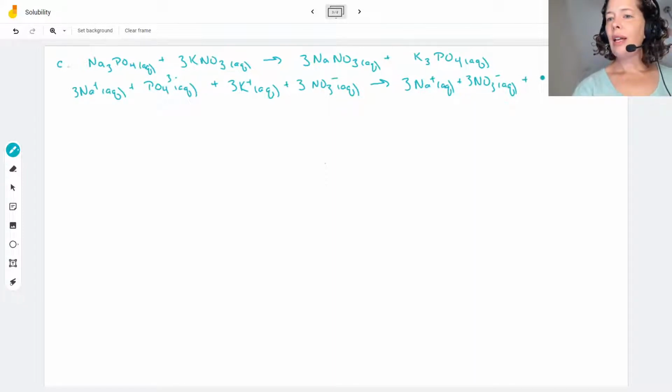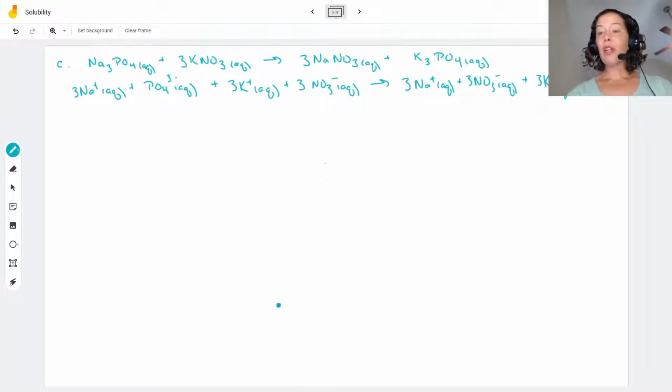Great. And now I have 3 potassium cations. Oh, it's going to be a little bit of a squeeze. Okay, and my phosphate anion. And that is aqueous. All right, so let's double check and make sure everything is balanced. So 3 sodiums, 1 phosphate, 3 potassiums, 3 nitrate. Yes, okay, so everything is balanced. Great. This is our complete ionic equation.